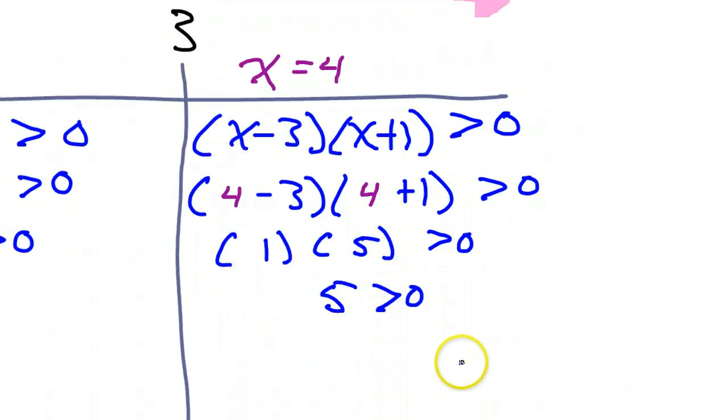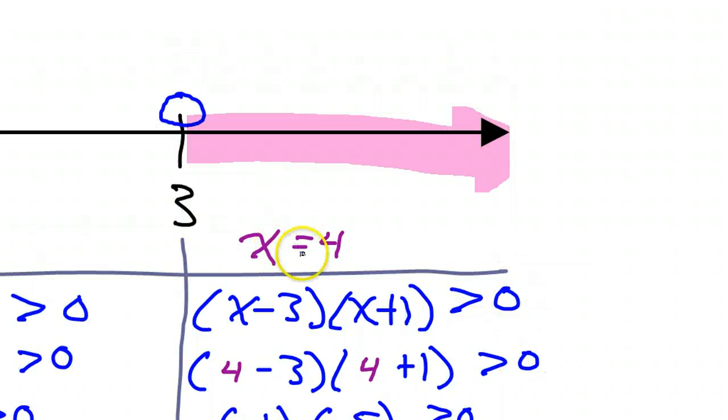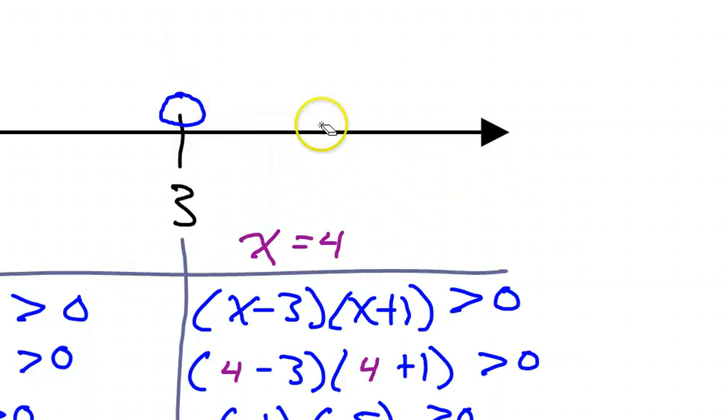And then we ask ourselves, is 5 greater than 0? Well, of course it is. That means x equals 4 is a solution to the inequality. That means all of the values in this zone are solutions to the inequality. And we will show that everything greater than 3 is a solution by putting an arrow. Oh, that was a horrible arrow.